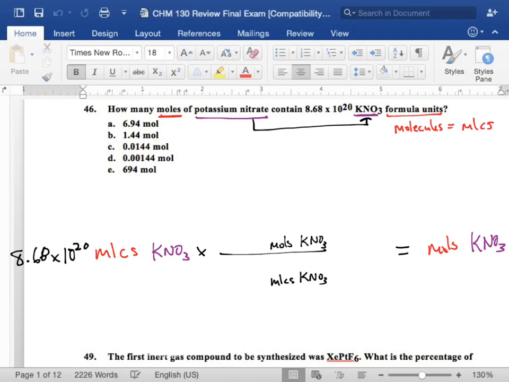Is there a numerical relationship that relates the molecules to the moles? That is Avogadro's number. How do you know that number? You have to have that number memorized now. Okay, so there's content that you have to know. It is 6.022 times 10 to the 23rd molecules equal to 1 mole of molecules.